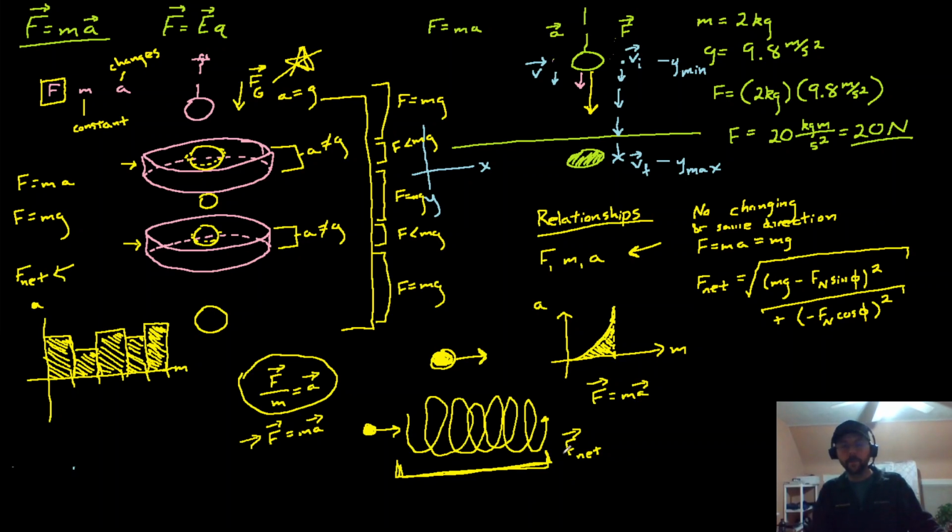So this net force would actually be the area under this curve here, which is still technically force equals mass times acceleration, but this would only be telling you the force at each little point.